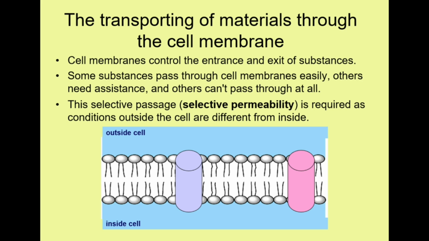So this ability for the cell to control and determine what gets in and what gets out is called selective permeability. So if you've ever studied biology before, you might often refer to this as partial permeability. But I never really liked that term very much, the partially permeable membrane, because it's not really accurate.